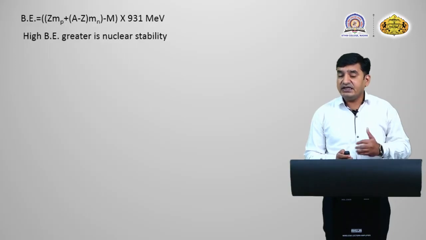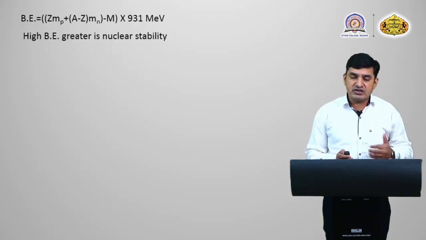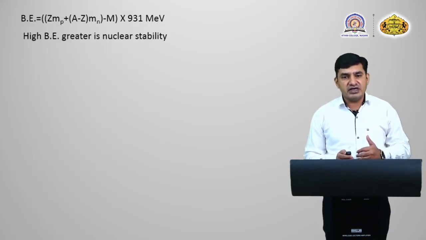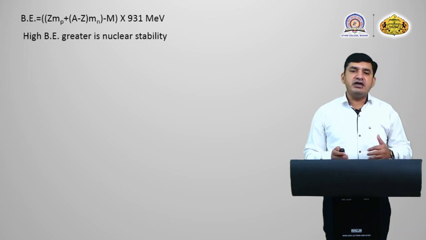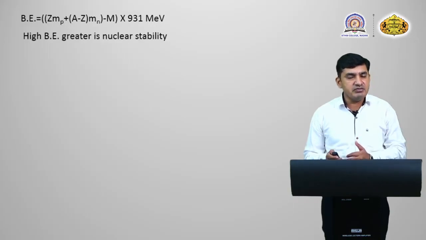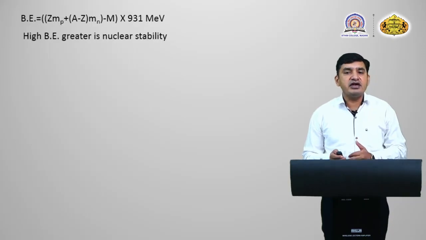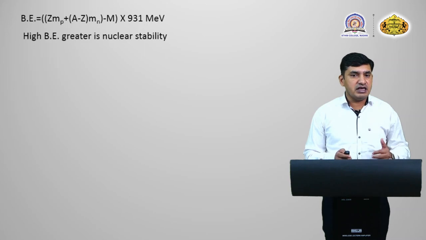To represent binding energy in mega electron volt, we multiply the above equation by 931. So, binding energy is equal to (Z Mp plus (A minus Z) Mn minus M), this is the mass defect, into 931, which is in mega electron volt.